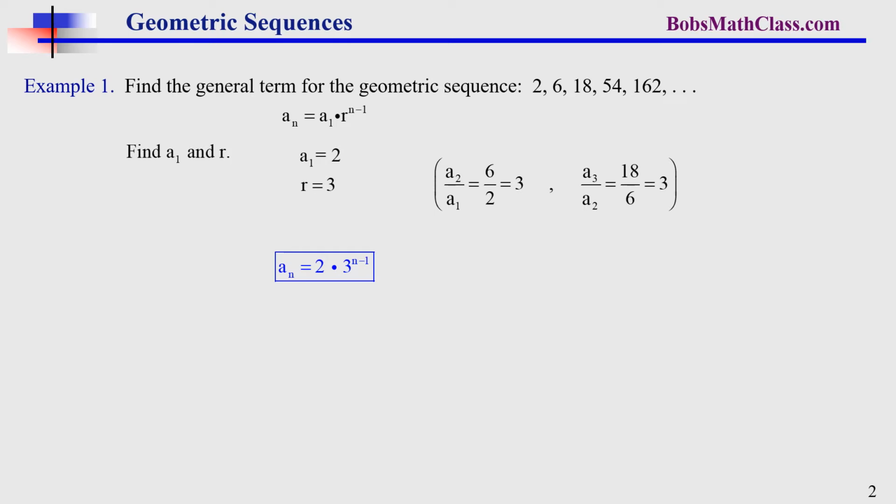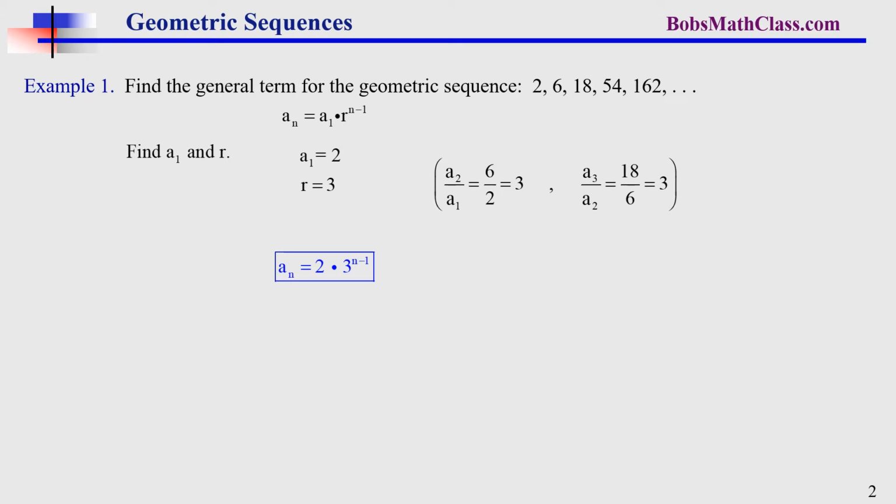So plugging those two numbers into the formula, replace the a1 with 2 and the r with 3. That's it. We're all done. We cannot multiply the 2 times 3 because the 3 has an exponent of n minus 1, and 2 and 3 are not the same base.